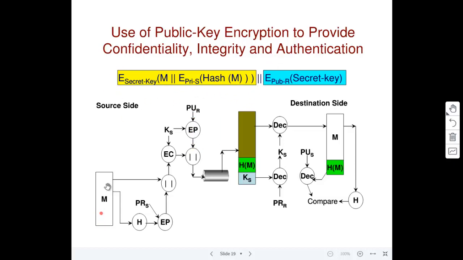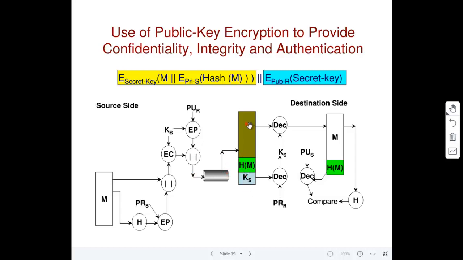So what you do is take the message, compute its hash value, first encrypt that with the private key of the sender. So concatenate the message along with this encrypted hash value, which is this portion, and use the secret key that you generated to do this outer layer of encryption, and concatenate that with the encrypted secret key with the public key of the receiver and send it for transmission.